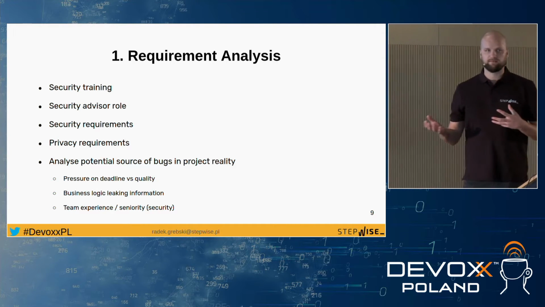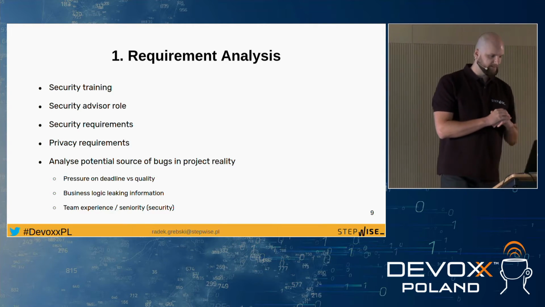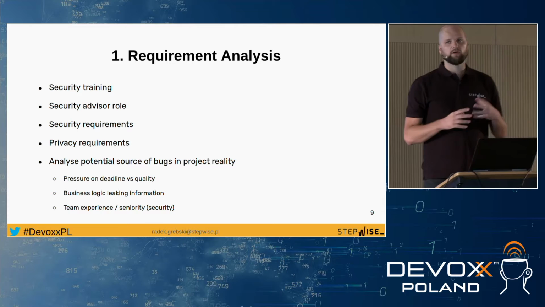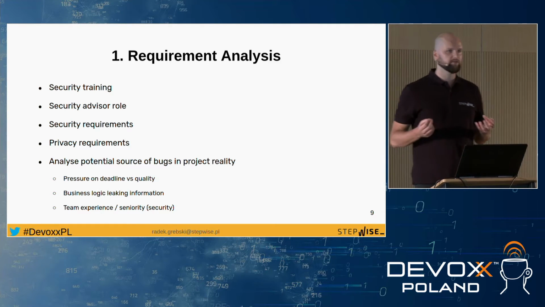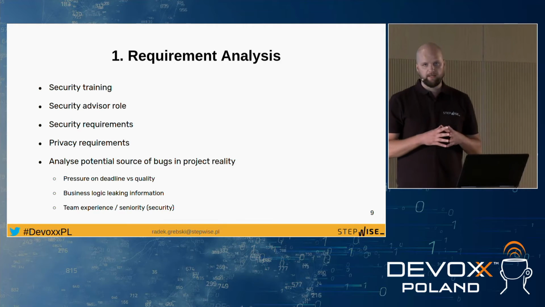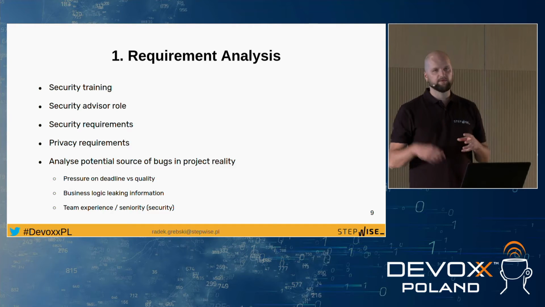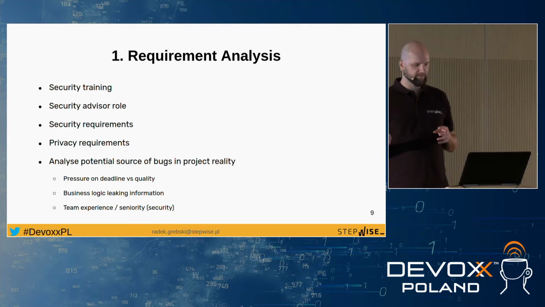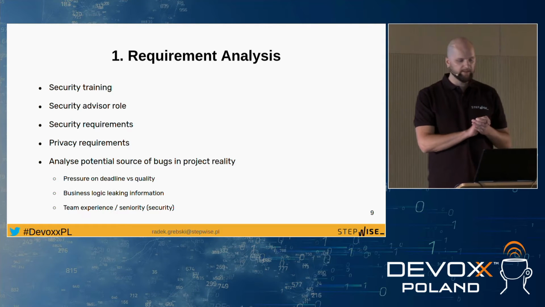Maybe we can take someone from an external company. At this stage, we should not only get the business requirements of our application, but also gather its security requirements, because having that at this stage will help us in other stages of software development.